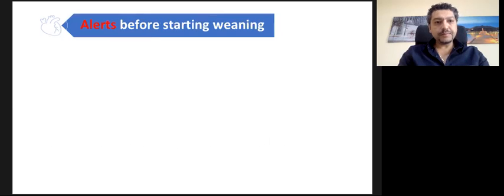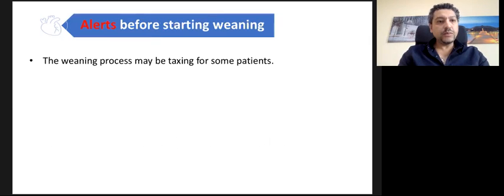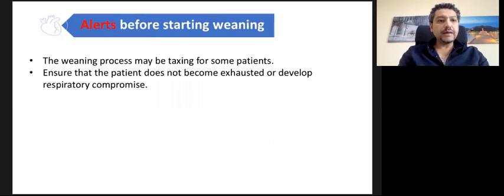So, red alerts you should really be aware of before starting the weaning process. You know that the weaning process may be exhausting or taxing for some patients. So first you have to ensure that the patient doesn't become exhausted or develop signs of respiratory compromise like tachypnea, apprehension, tachycardia, acute severe hypertension, and anxiety.